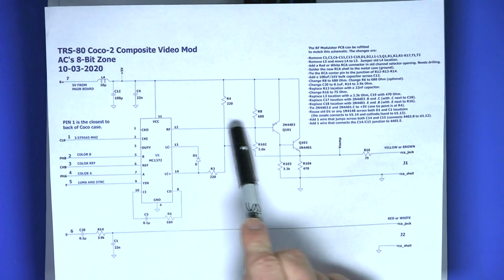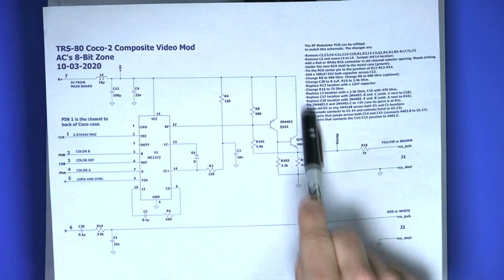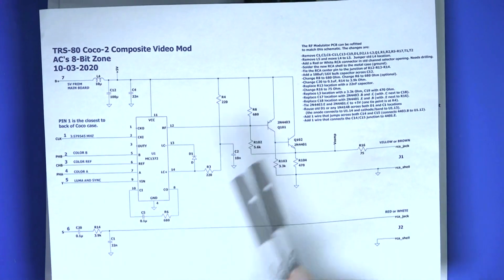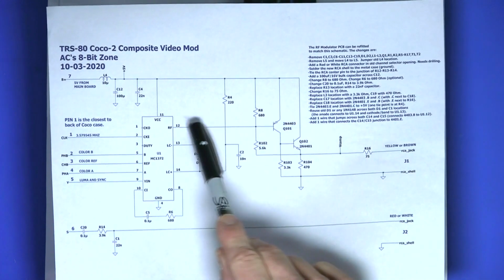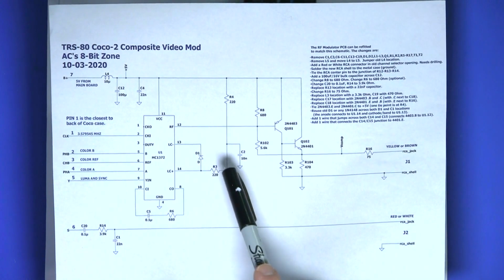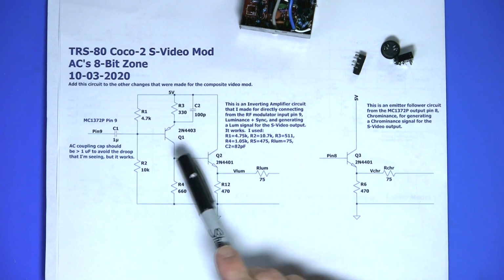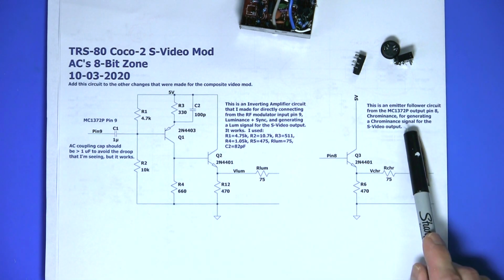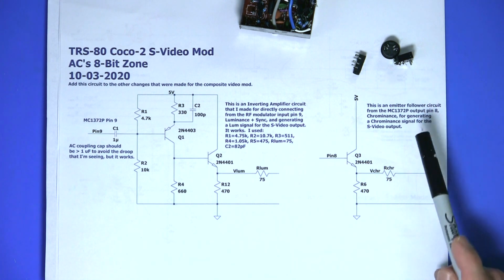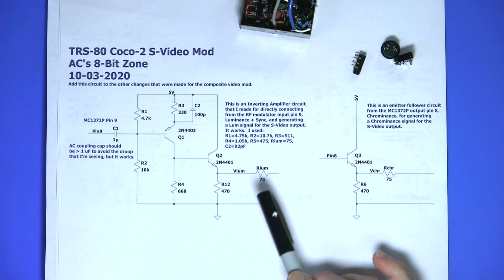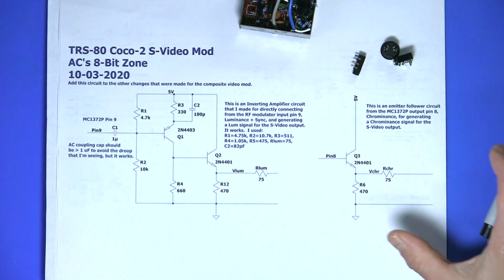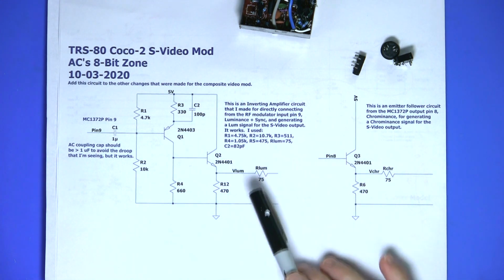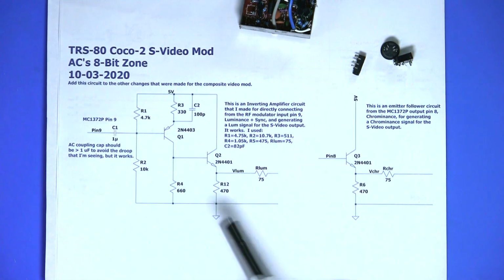The circuit on pin 12 being the composite video, that's optional. If you only wanted S-Video for some reason, you could omit the pin 12 circuit. You could implement the S-Video circuit that I'm showing here, and then if you still wanted composite video, you could use my method 2 that I talked about, which is combining the luminance and chrominance in a cable or with a diode capacitor circuit that I talked about earlier.